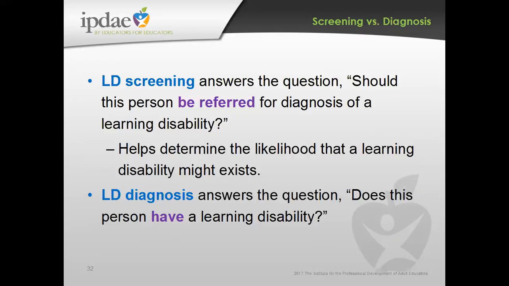Those 3 things are what have to be tested during an LD diagnosis, and the result of that, after many, many hours of testing and a lot of money, will in fact say whether this student has a learning disability or not. And it gets a lot more complicated too, because it'll be specific about what the deficiency is. It'll have suggestions on what can help the student, and it should also have a section on what accommodations would be beneficial. Okay, any questions so far?